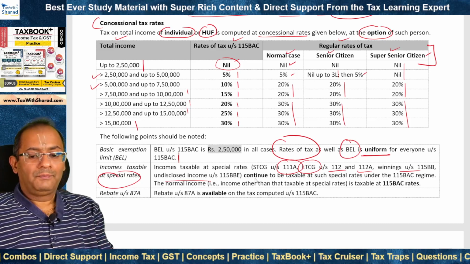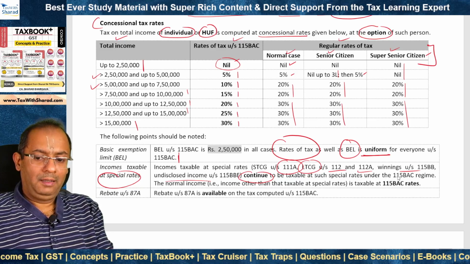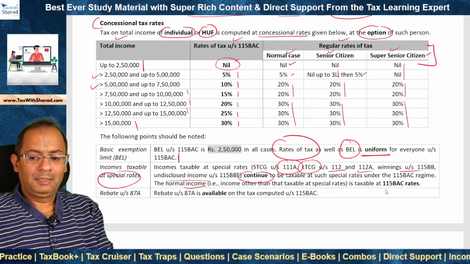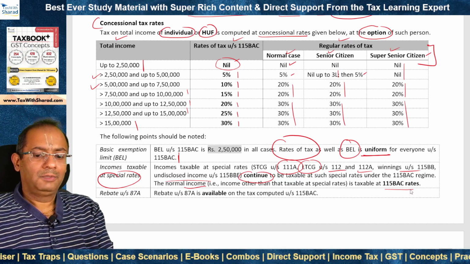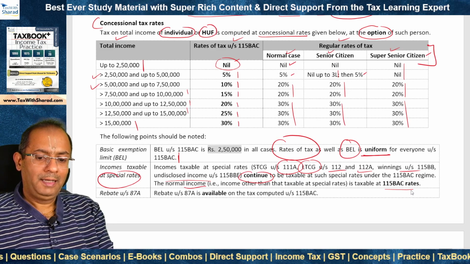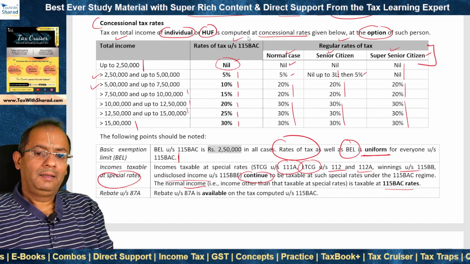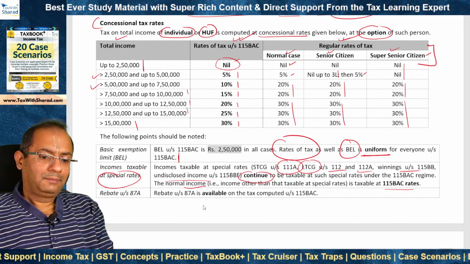What about these? They continue to be taxable at their special rates under the 115BAC regime as well. The normal income is taxable at 115BAC rates. So what happens is that special incomes continue to be taxable at their special rates while the normal income gets taxed under 115BAC rates instead of the regular rates of tax.